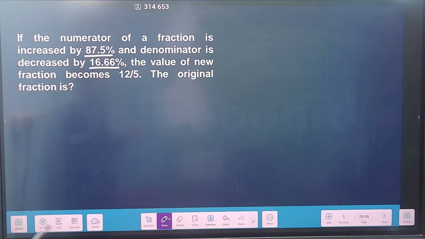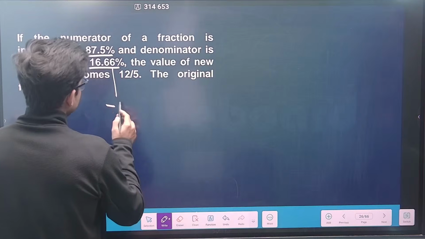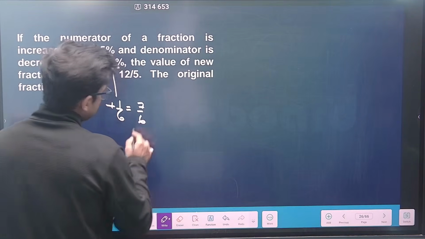Try and understand how the question is basically being solved here. 16.66 is basically 1 by 6. It is increased, plus 1 by 6 means 7 by 6, isn't it?